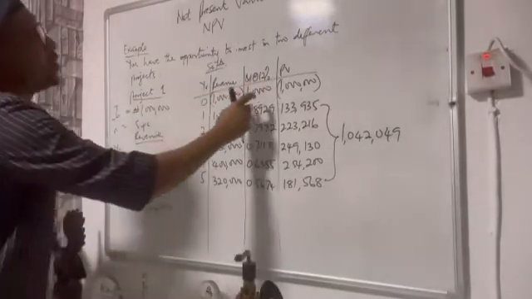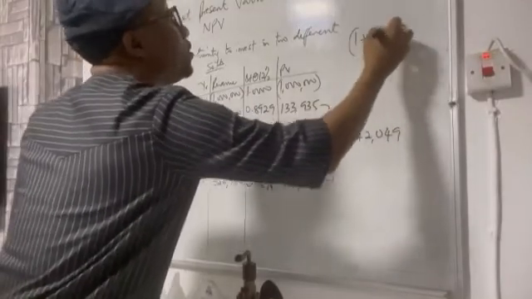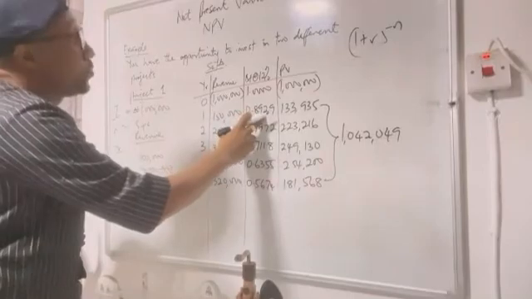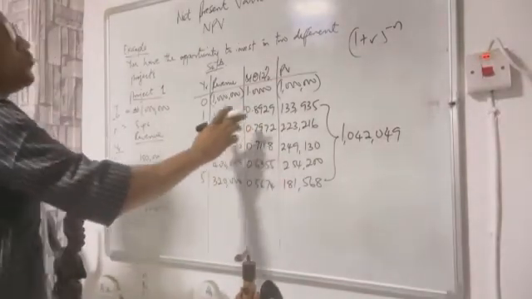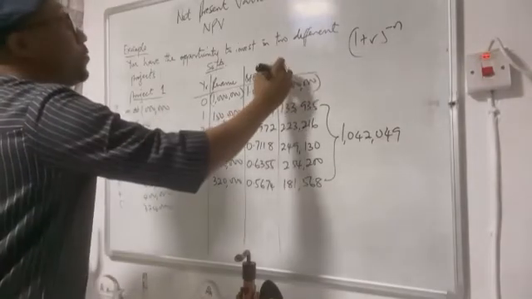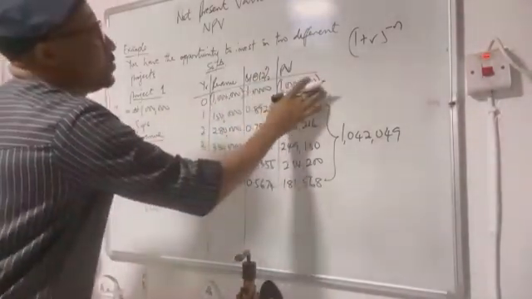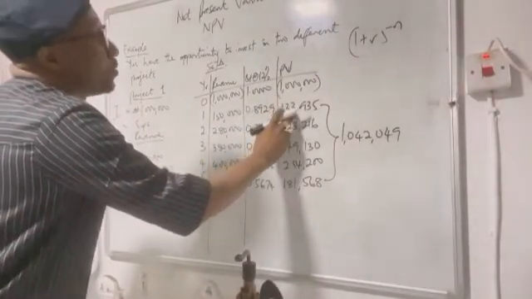So if you calculate the discount factor, which is (1 plus r) raised to minus n, for year 1 it is 0.8929 and so on up to year 5. Then to get the present value, you multiply this and this, it gives us 1 million. You multiply this and this, it gives us 133.